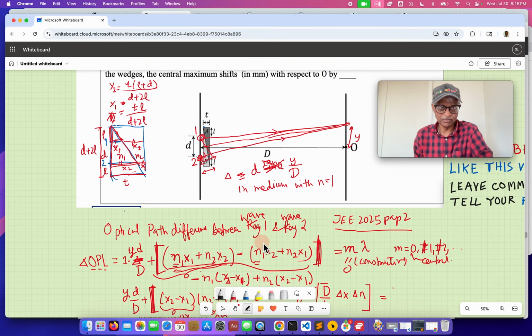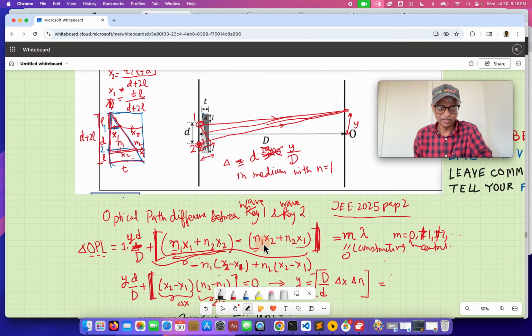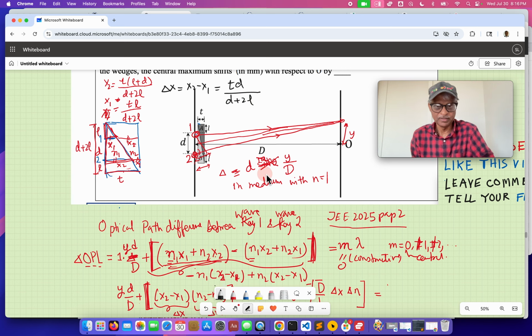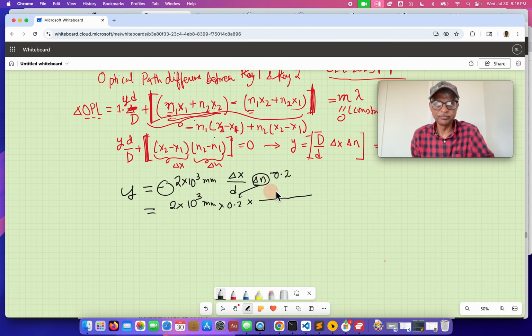Let's see what the delta x was. So x2, delta x we've written is x2 minus x1. So tL will subtract out, and you get tD over D plus 2L. Let's start over again.